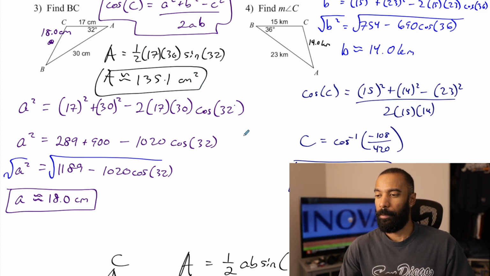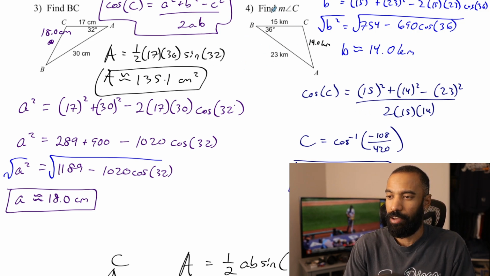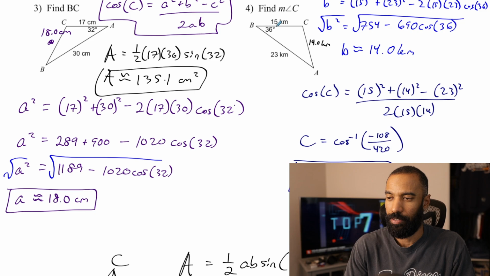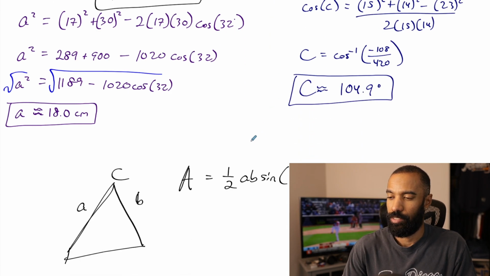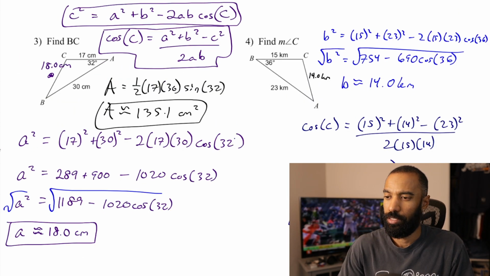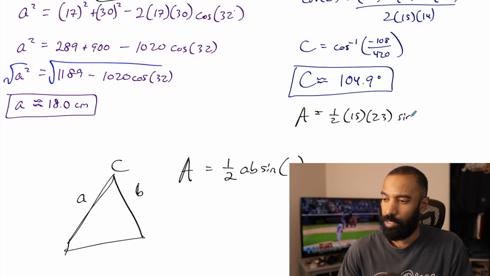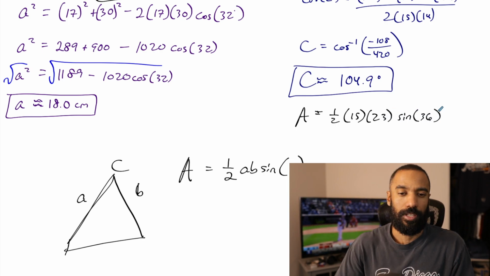And the last one, area is 1/2 that stuff. So 1/2 times 15 times 23 times sine of 36. Was it 15 and 30? Oh, 23. 15 and 20. Okay, let's do that one right there.